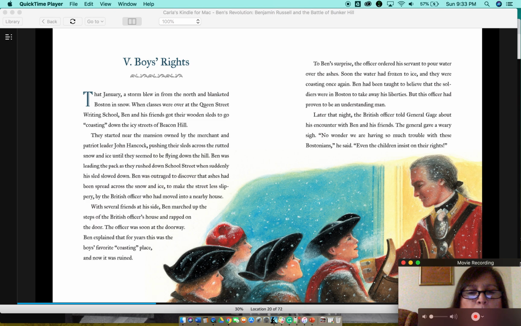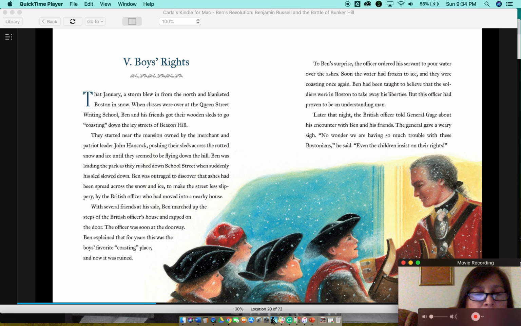Ben was outraged to discover that ashes had been spread across the snow and ice to make the street less slippery by the British officer who had moved into a nearby house. With several friends at his side, Ben marched up the steps of the British officer's house and rapped on the door. And rap means that he began tapping loudly on the door.